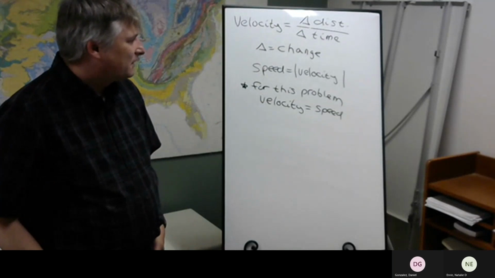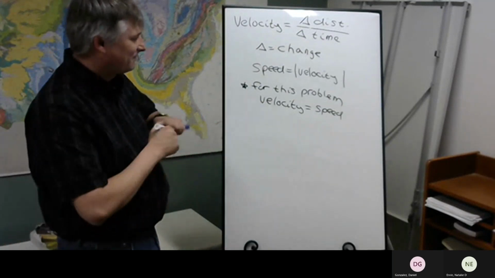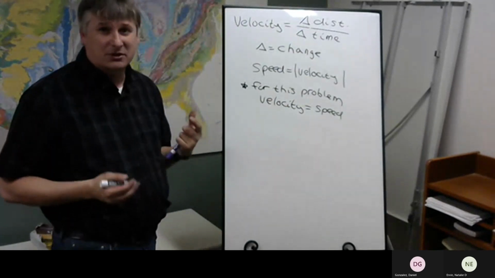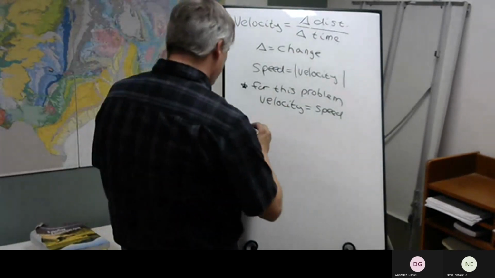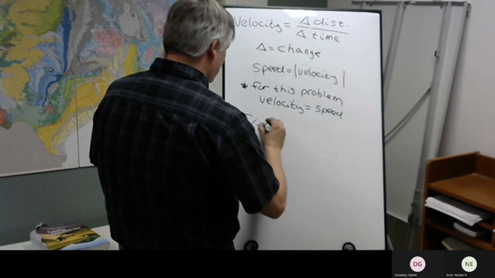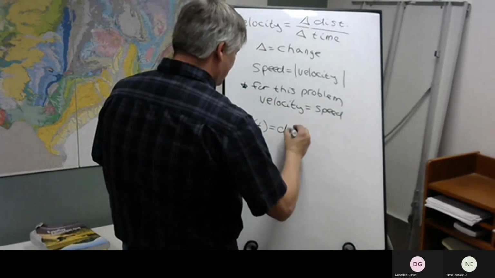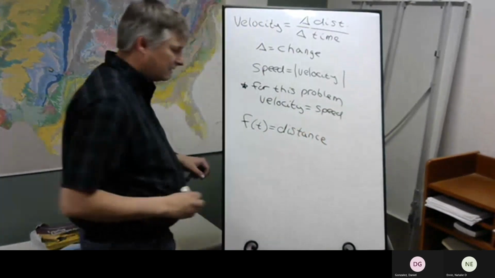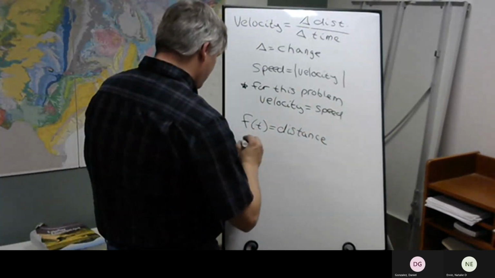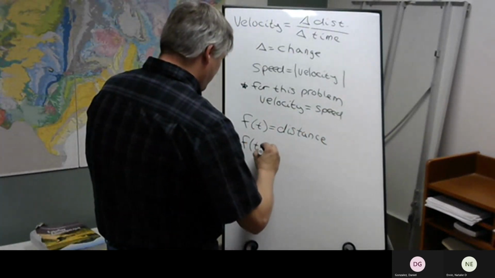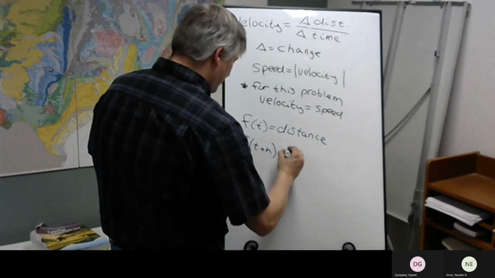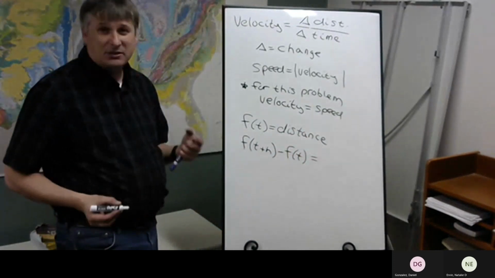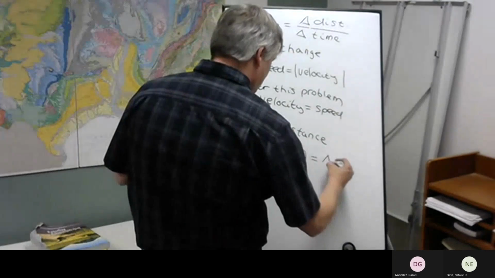So what we're going to look at here is how do we get a change in distance or a change in time? Well, f of t is equal to distance. So if we have f of t plus h minus f of t, that's going to be a change in distance.